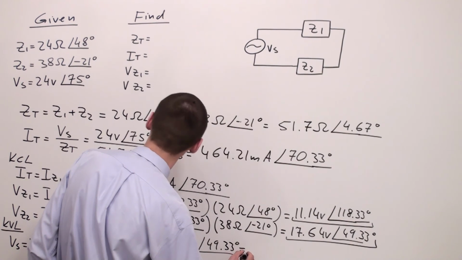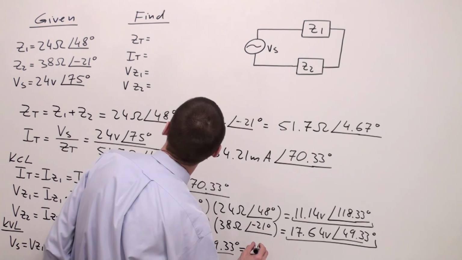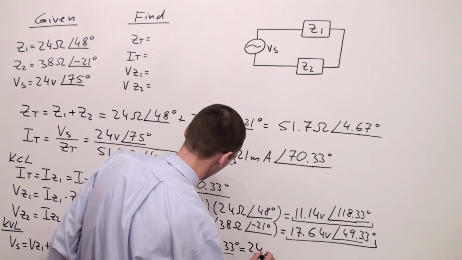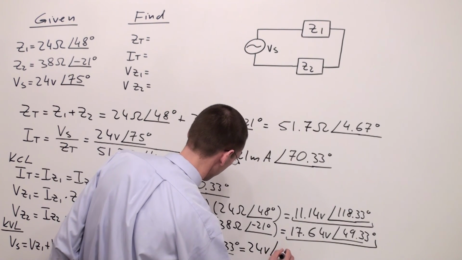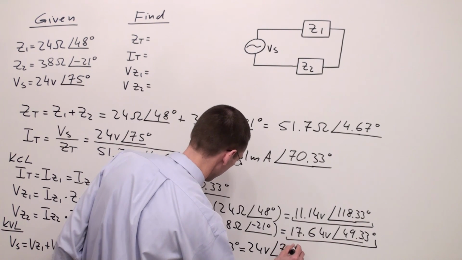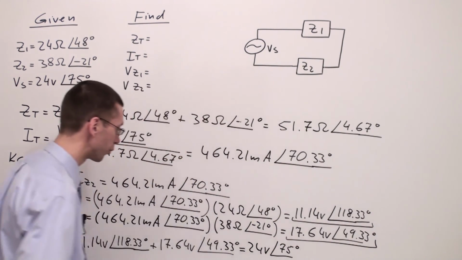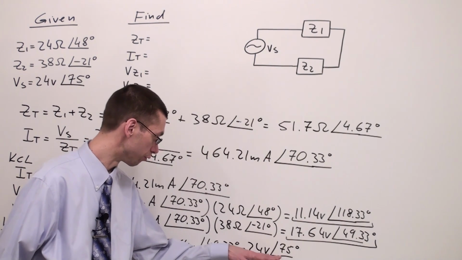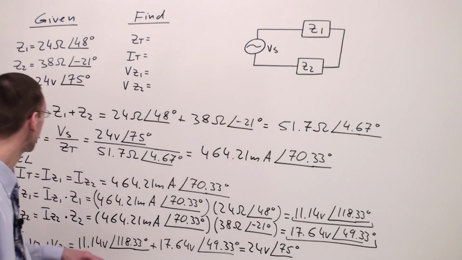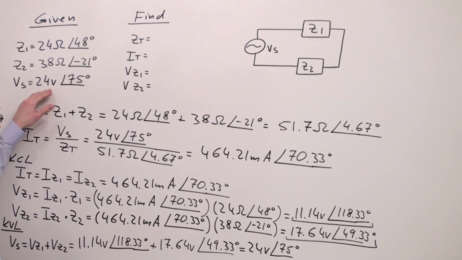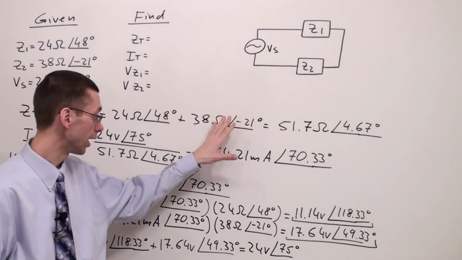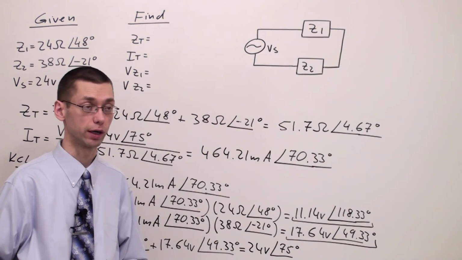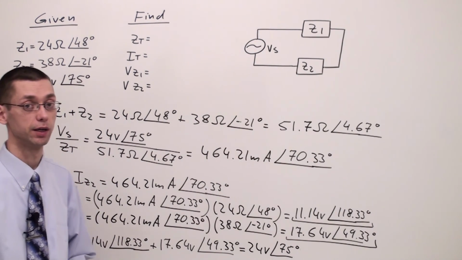This is equal to 24 volts and angle of 75 degrees. Please notice that we obtain the value of the voltage source exactly the same as we had at the beginning. So it means that whatever we have calculated is correct. So the problem is solved.